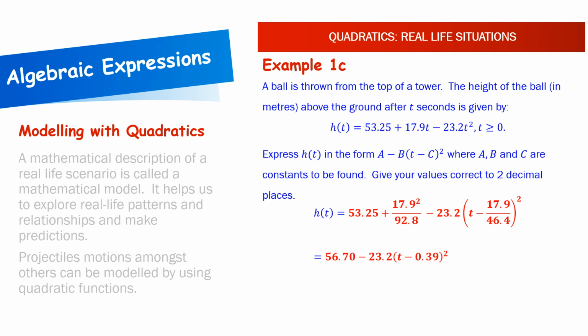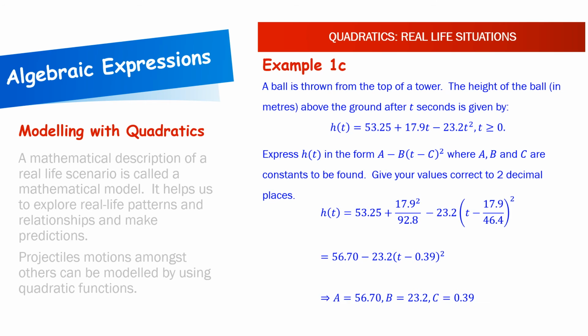And tidying up some more, add the constants, and tidy up a bit inside the brackets. Giving us that a is equal to 56.70, b is equal to 23.2 from here, and c is equal to 0.39 from here.